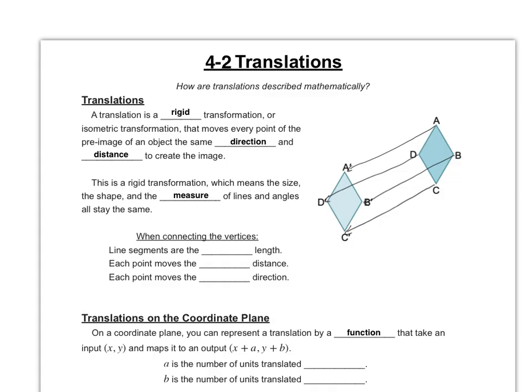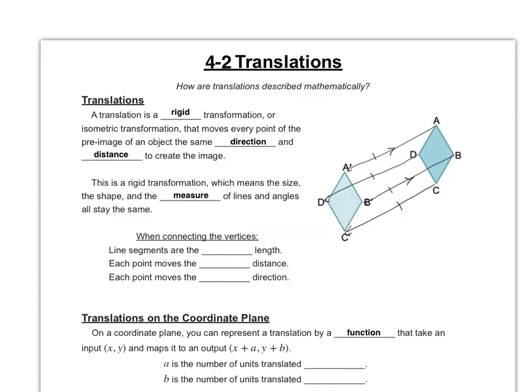But we know that all of these are parallel because it went the same direction, and all of these are also the same length because it traveled the same distance in the translation. So that's what we're looking at.